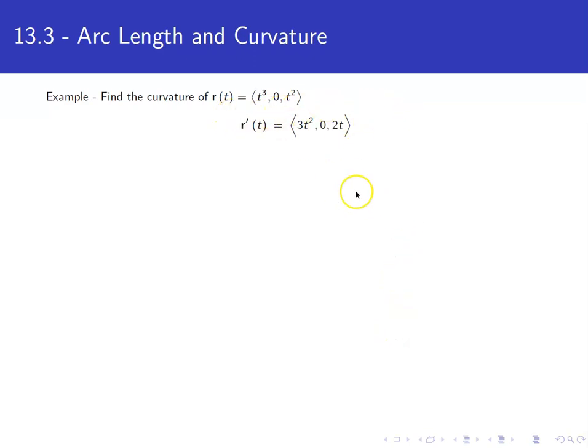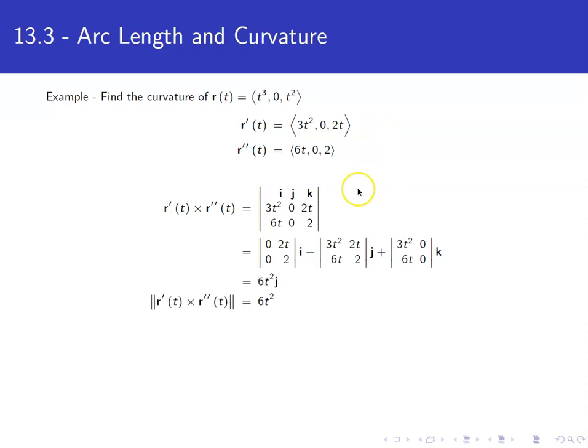Let's say we have the vector valued function r of t is equal to t cubed, 0, t squared. First, take the derivative. And take the second derivative. Take their cross product, and I'll let you verify the details that the cross product of those two vectors will be 6t squared j. That means the magnitude of the cross product is just 6t squared, because we only have the one component from the vector.